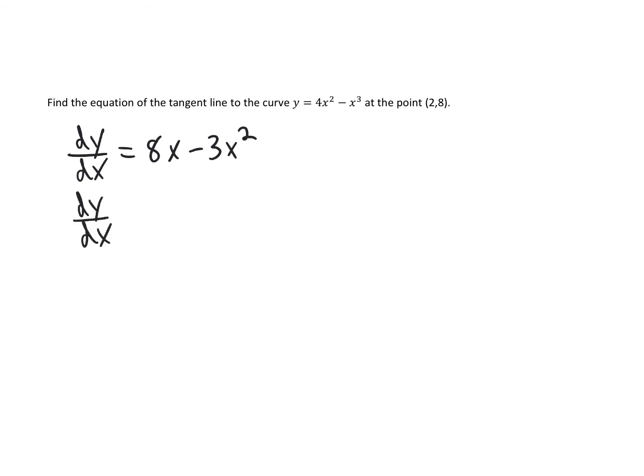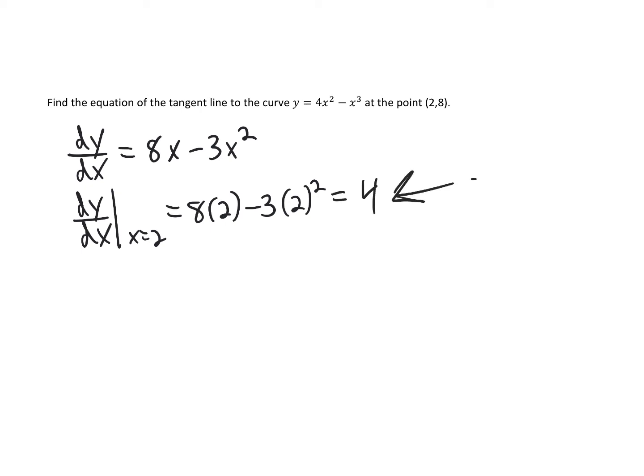Now if we put in the point, or more specifically the x value of the point, which is 4, this is our slope. So the derivative at a point gives us the slope of the tangent at that point.